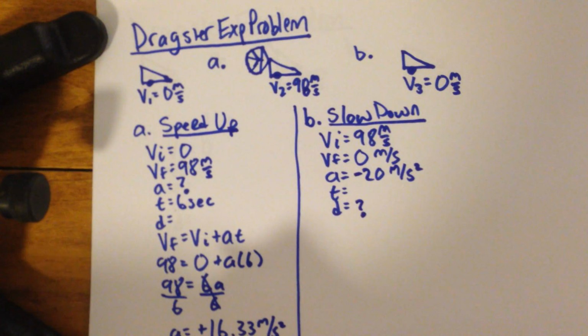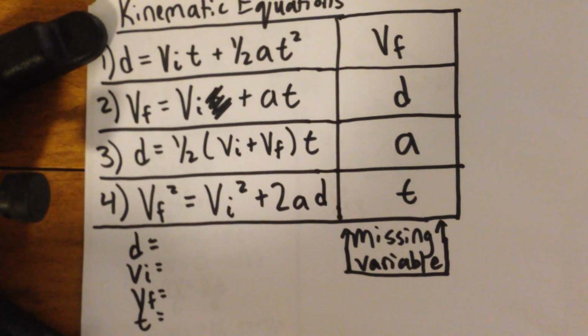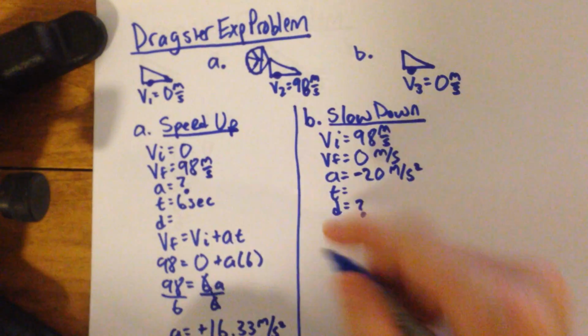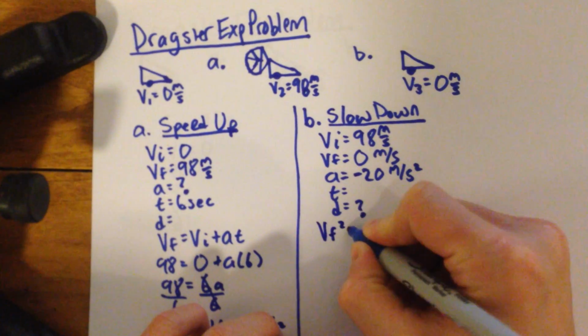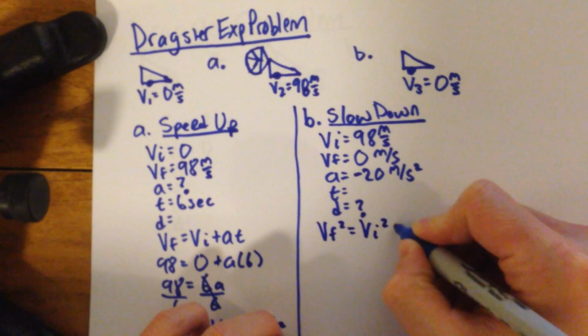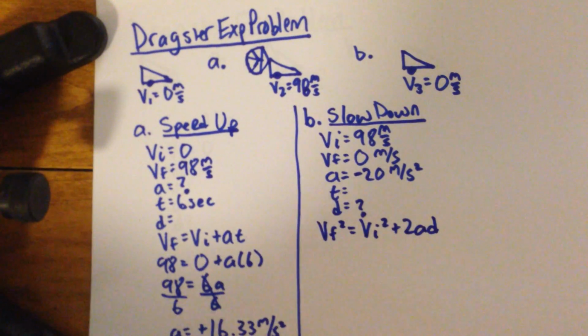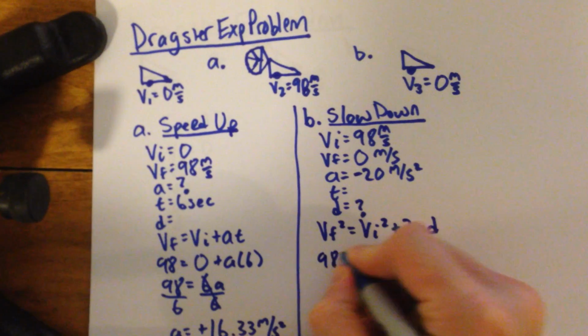It doesn't tell us how much time it takes to come to a rest, nor does it ask. Therefore, we know time is our missing variable, and it will help us choose an equation. When the missing variable is t, you choose your fourth equation. Vf squared equals Vi squared plus 2AD. Very good. Now you can plug in and solve.